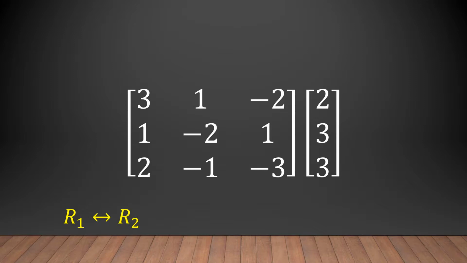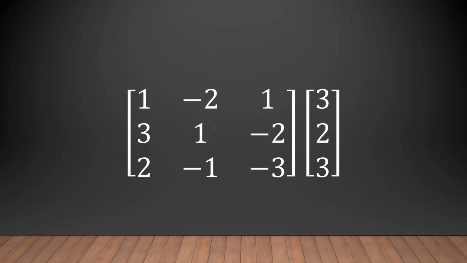If we swap rows 1 and 2, that 1 will appear in its proper position in the first row and first column. Okay, so let's go ahead and do that. Okay, so we have swapped rows 1 and 2, and now we're one step closer to the overall solution. So we have the 1 in row 1, column 1.